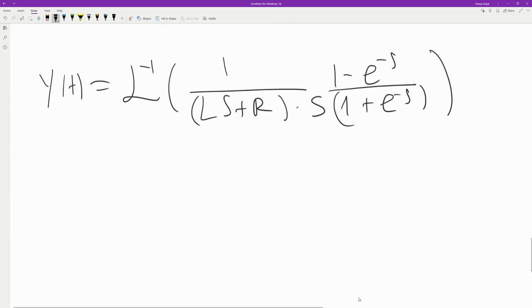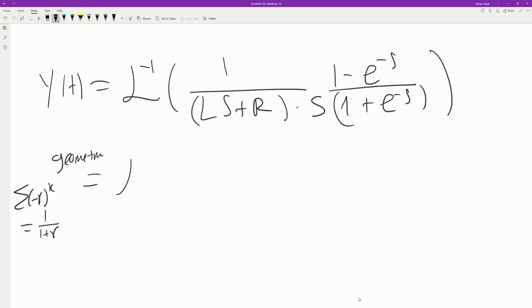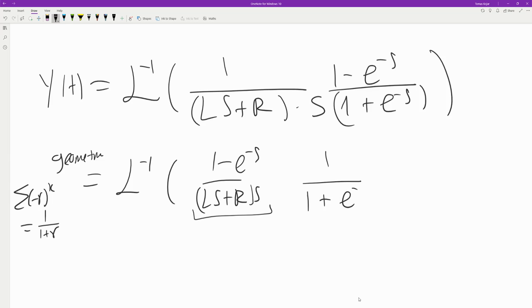Okay, so what do we do now? I will do this a bit clearer than in the book. We use the geometric series: the sum of minus r to the k is equal to 1 over 1 plus r. So this we put aside, and we call this r.